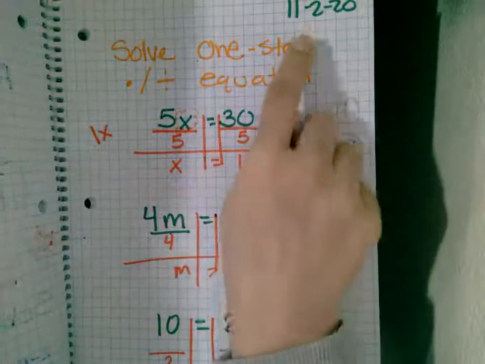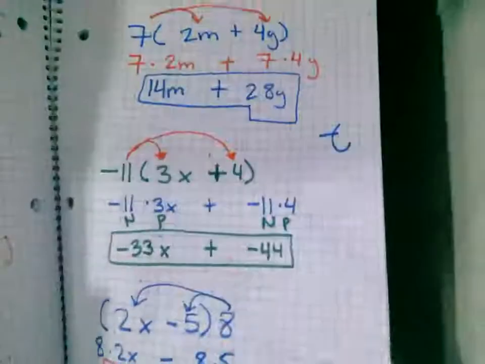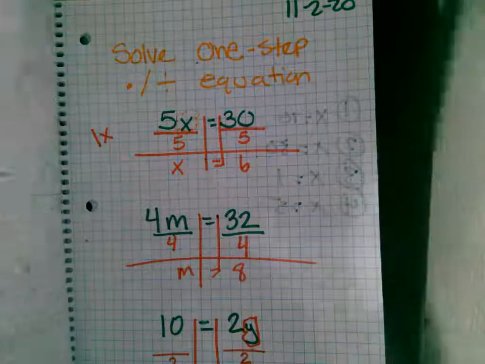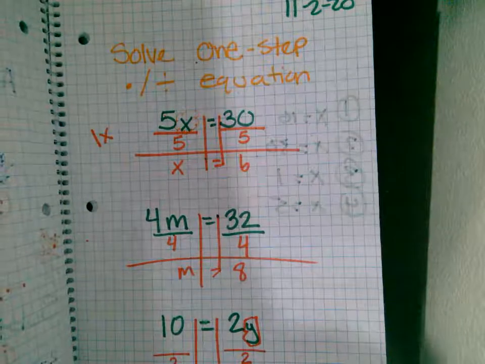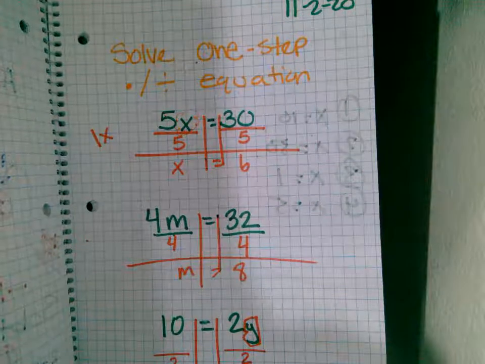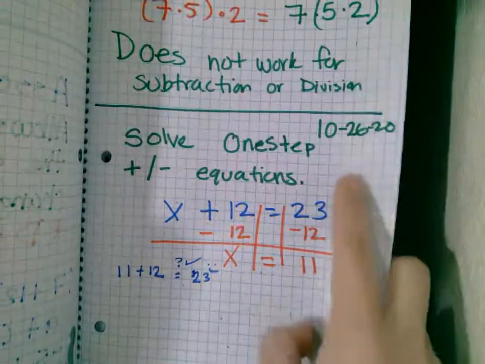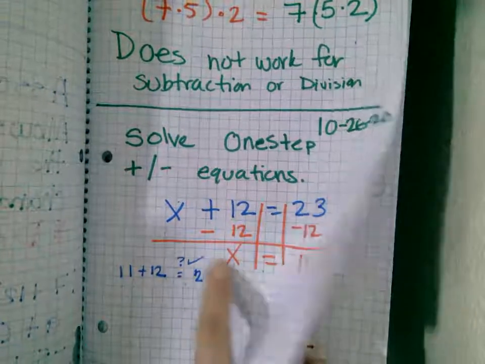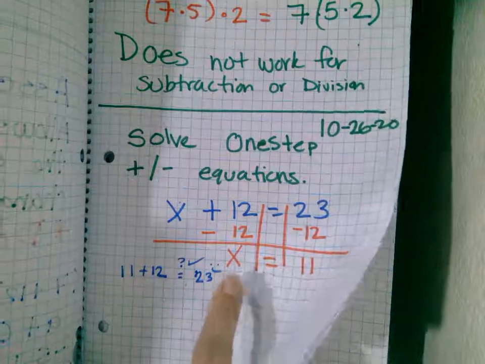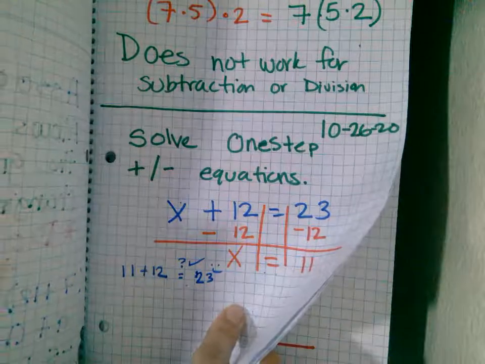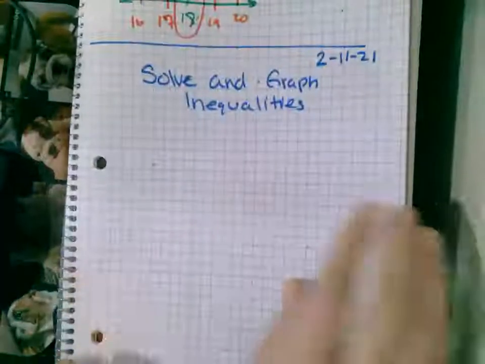From November. So November 2nd, I taught you one-step equations. Oh no, it was before that. This is from November, but then I also taught you how to do one-step equations with adding and subtracting before, which is why I keep saying October. Yeah, there it is. October 22nd, I taught you how to solve these equations. Guess what? We're going to do this exact same thing today. This, just a little bit different.